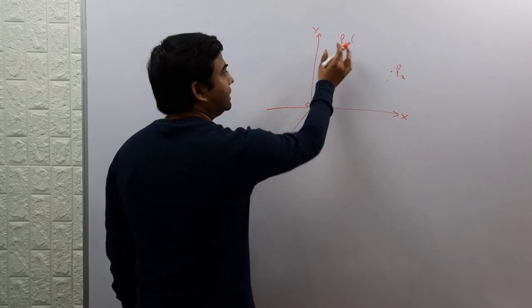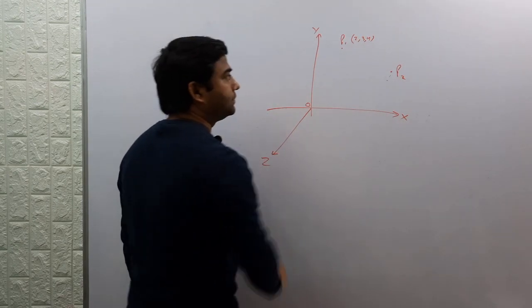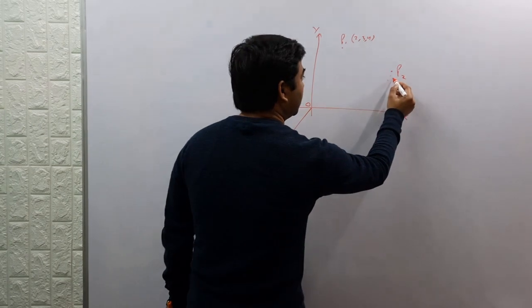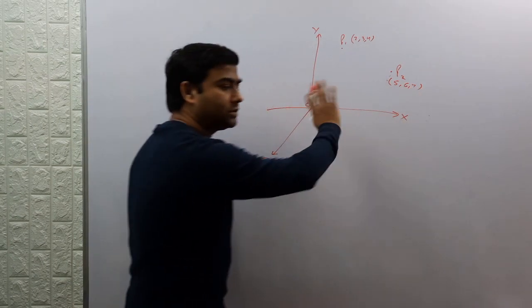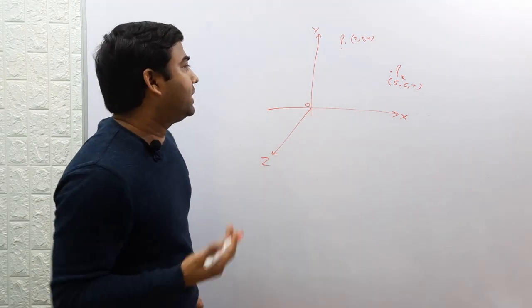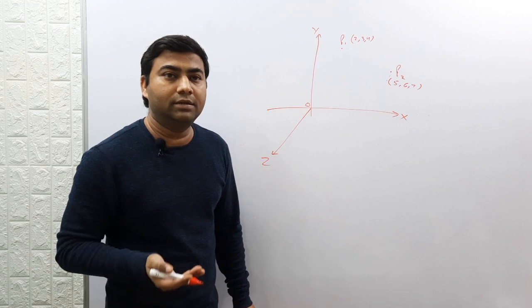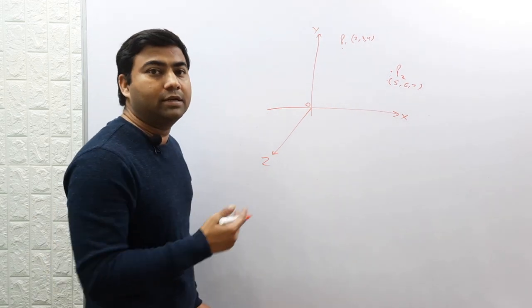Just assume the coordinates of P1 are 2, 3, 4 and the coordinates of P2 are 5, 6, 7. This is just an example to illustrate how we find the position vector, and how we find the real vector based on position vectors in terms of i, j, k.